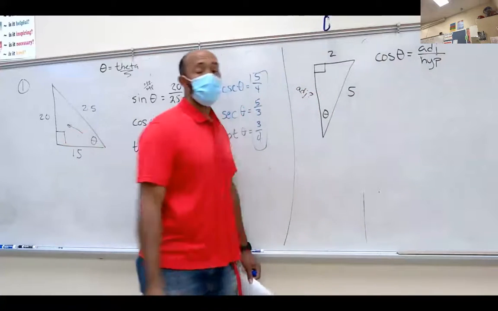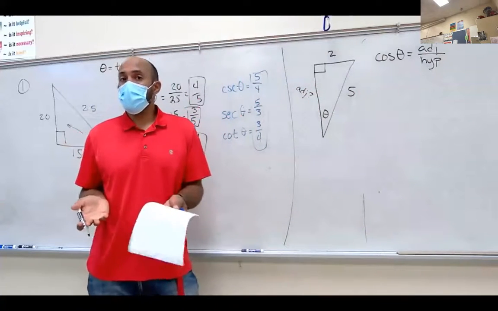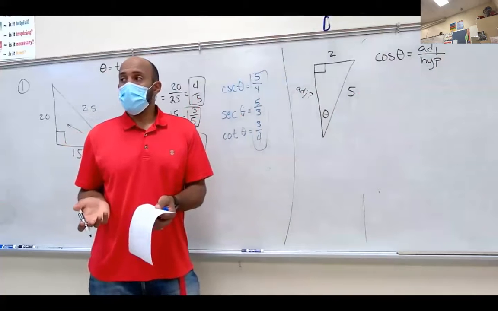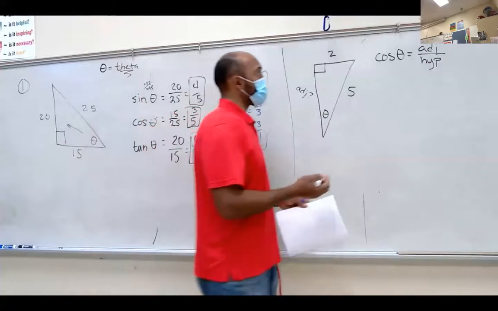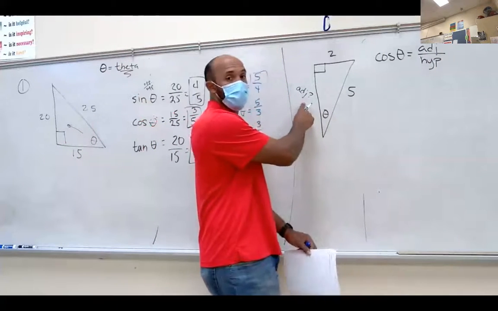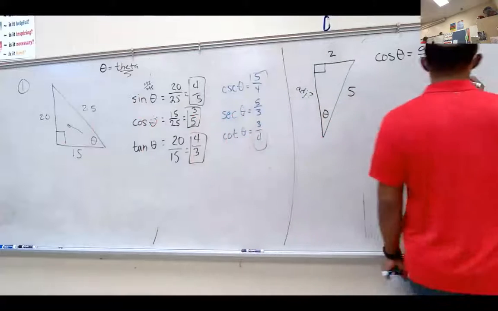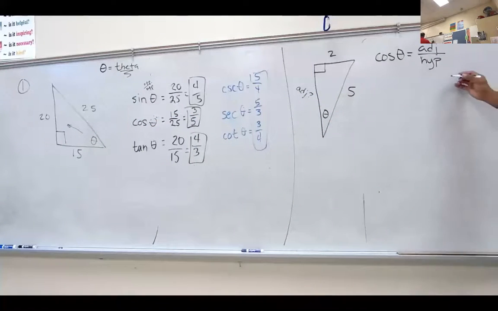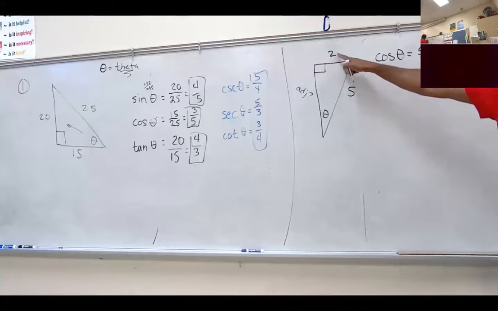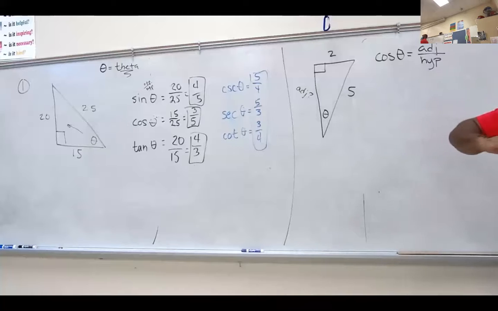With right triangles, if I'm missing a side, what can we use to find that missing side? Pythagorean theorem. So I've got to use the Pythagorean theorem to find that missing side first. Which sides are my legs, by the way?